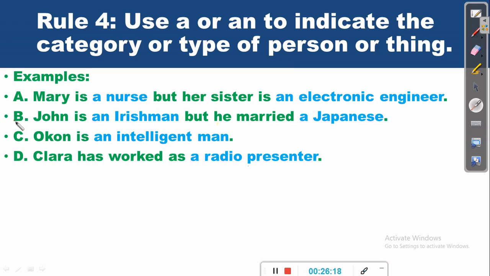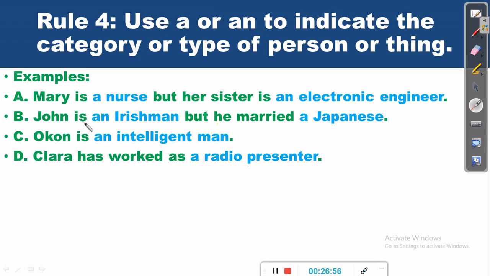So here, example A, Mary is a nurse, but her sister is an electronic engineer. All right, Mary is a nurse. A nurse is a class of a category of profession, a kind of profession. All right, a type. Her sister is an electronic engineer, which also indicates a type of person or thing.